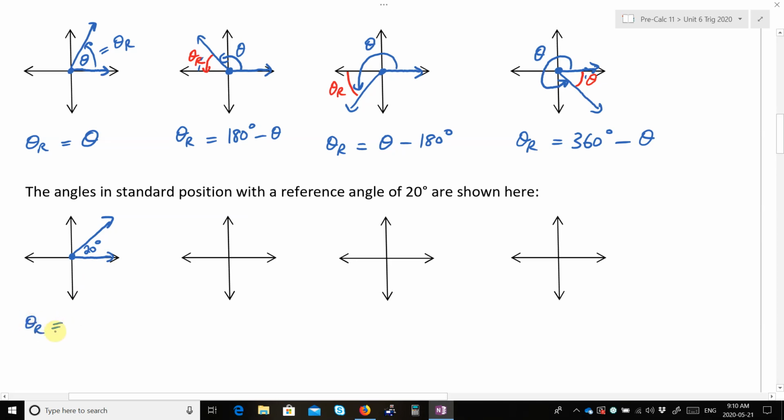So we have the reference angle equals 20 degrees, the angle in standard position, 20 degrees. Theta reference equals the theta itself. They're the same.